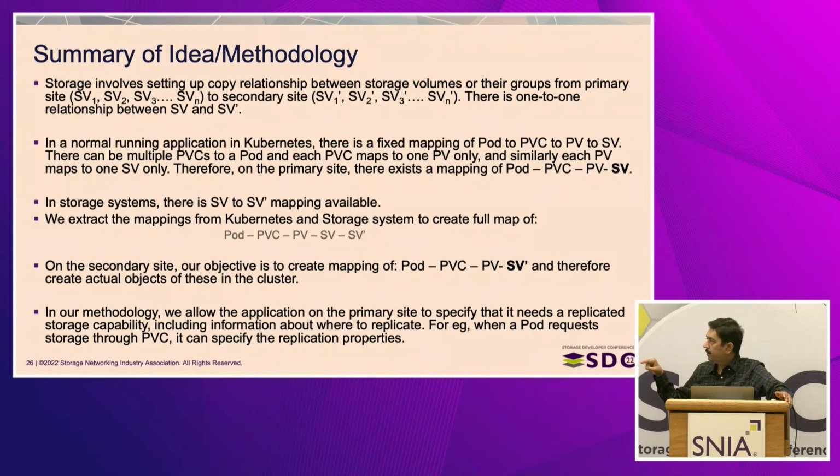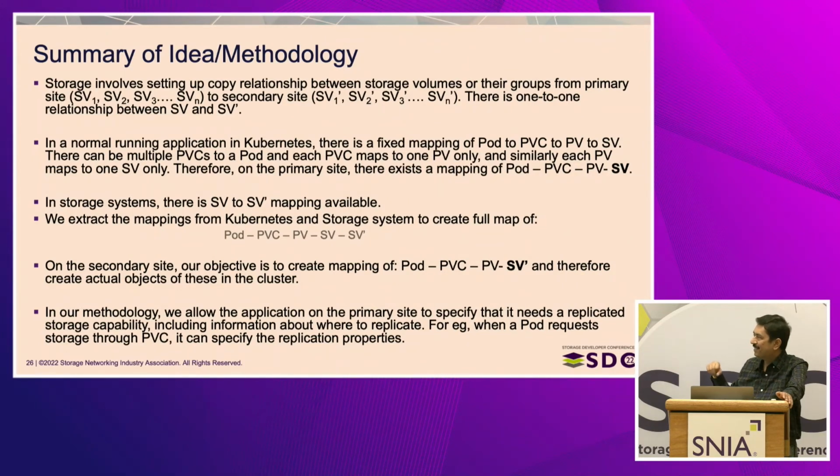So basically, we have a mapping of pod, PVC, PV, SV, and SV dash, all available on the source side. And we use this information on the target side as well, so that we know which SV dash we have to use on the target side to align to the pod to be deployed there.